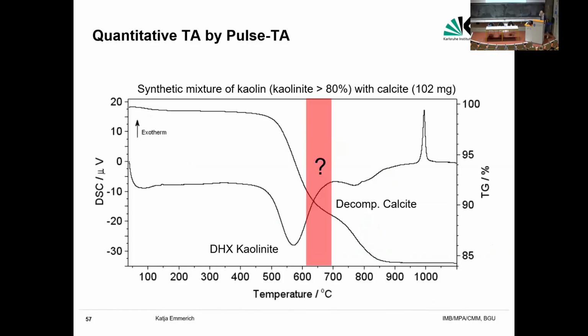So, now we come to the quantitative analysis. Sometimes thermal analysis could also be used for, I would say, semi-quantitative analysis. Quantitative analysis is not that easy, but it gives you a rough idea about the content of a certain phase, especially carbonates.